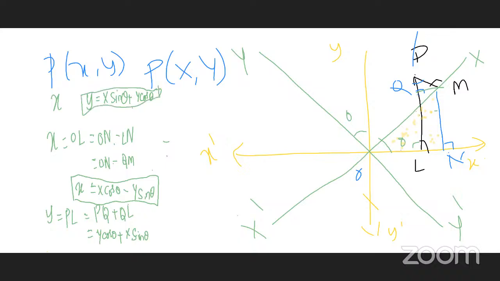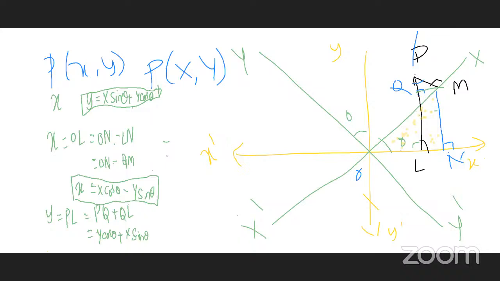This is the transformed value of the coordinates. When we do rotation of axis, small x will become capital X cos theta minus capital Y sin theta, and small y will become capital X sin theta plus capital Y cos theta.